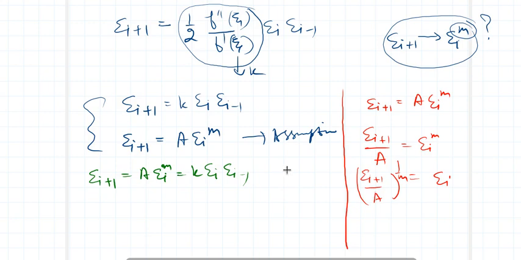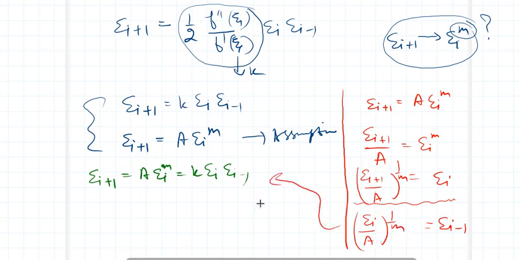Now I got the idea. The idea is that using this recursion relation, I can write epsilon i minus 1 is equal to epsilon i over a raised to power 1 over m. So let us put its value here.